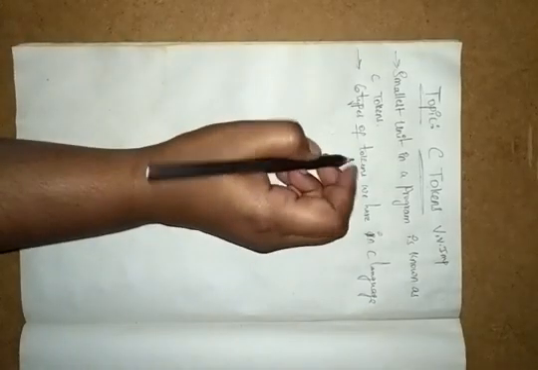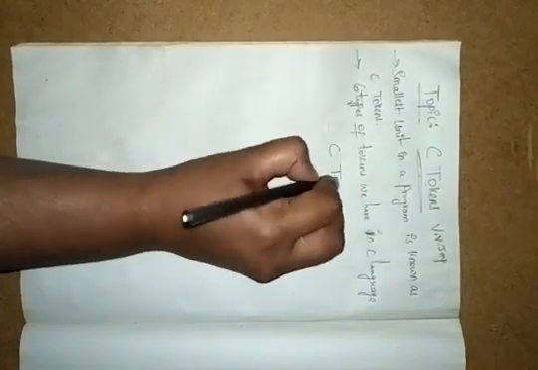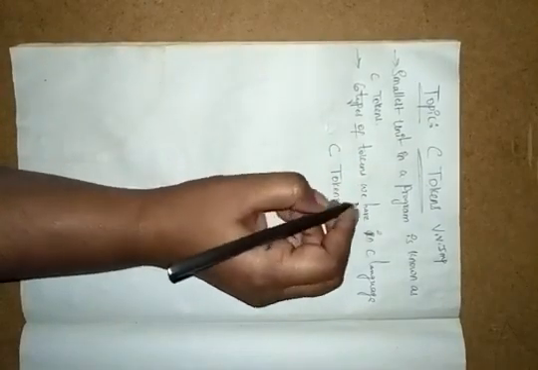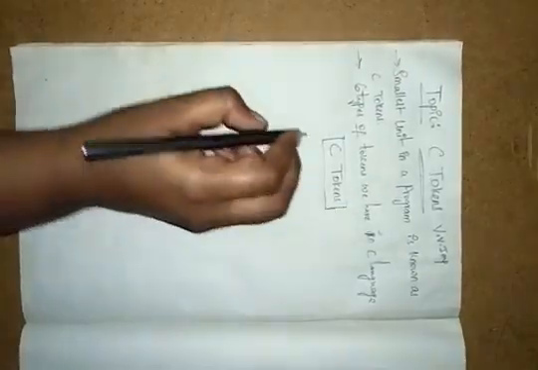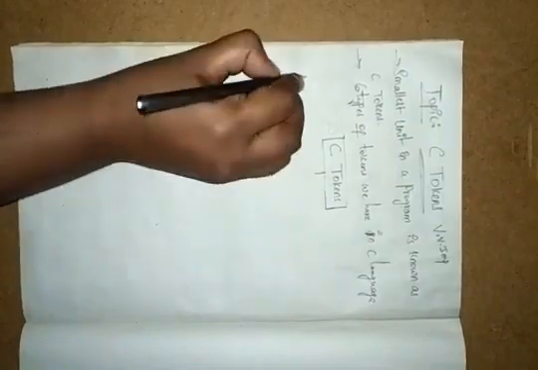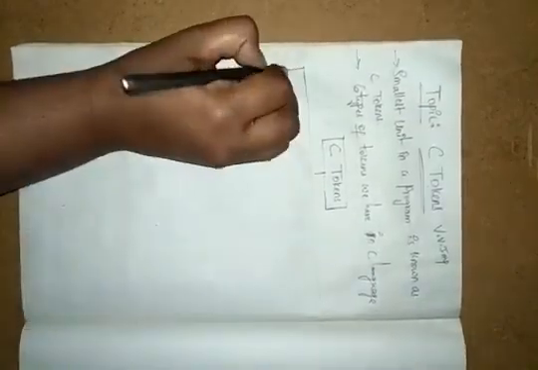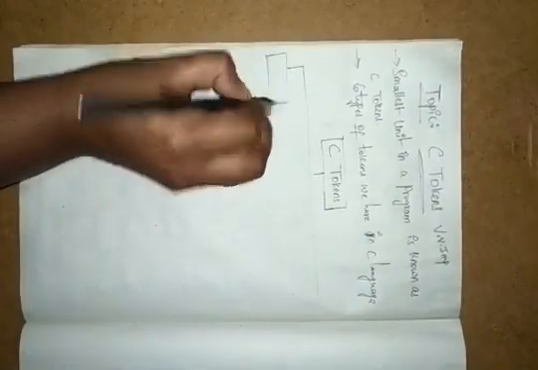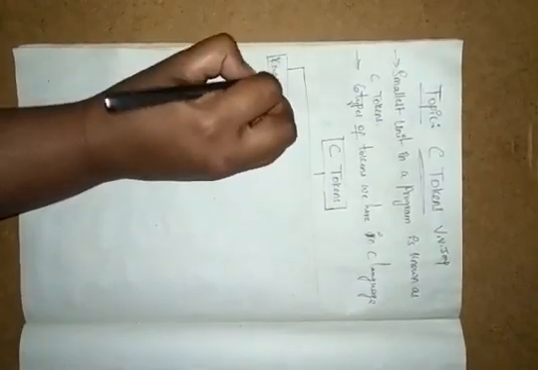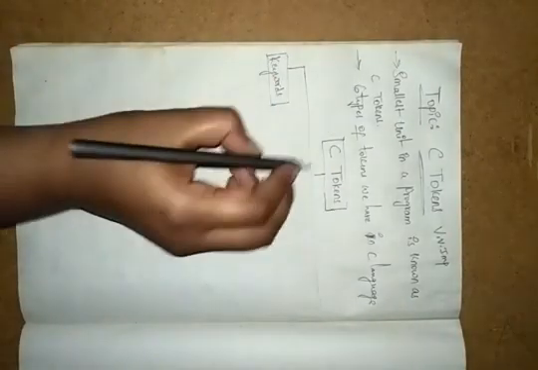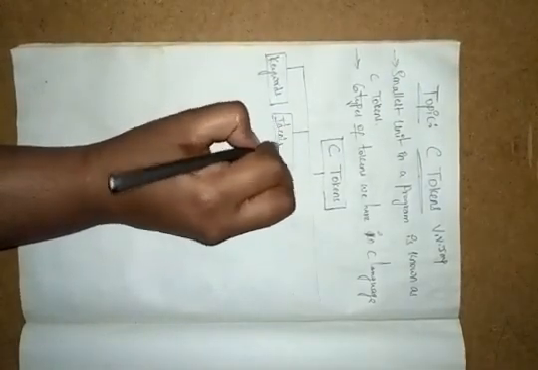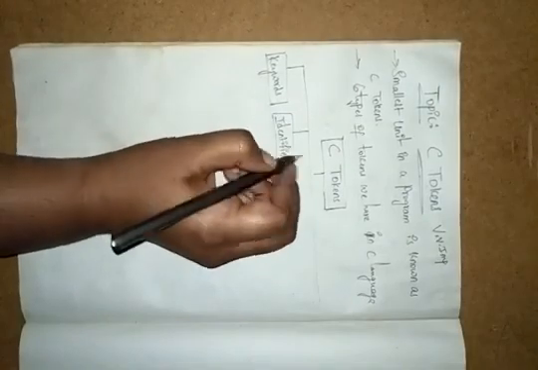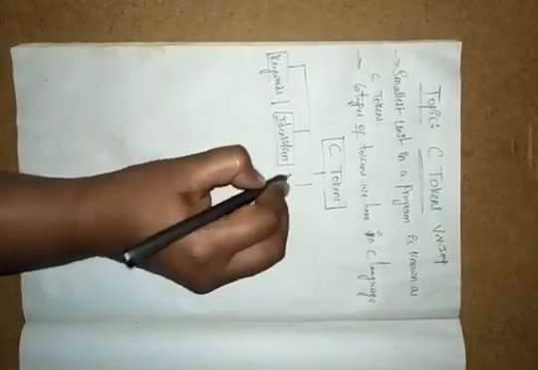Let's see. C tokens. In this we have keywords. Next, identifiers. Next, strings.